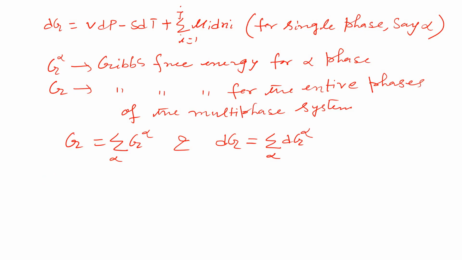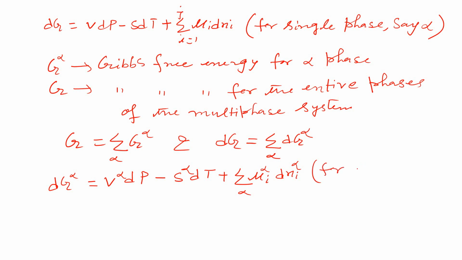Then my Gibbs equation for only the alpha phase I can write like this: dG alpha is equal to V alpha dP minus S alpha dT plus the summation of mu i alpha dNi alpha. This is for the alpha phase only.